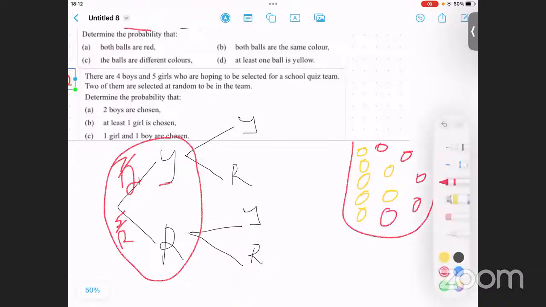So in total there are 12. This is a bag containing 12 balls, 7 yellow and 5 red. Now given that you take one ball out of this bag and the color of the ball is yellow, you're going to count how many are left. If one yellow is taken out, how many yellows are you going to be left with?